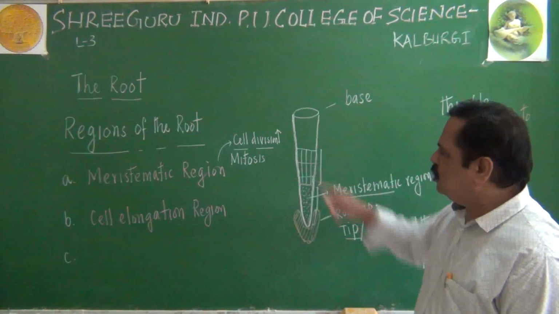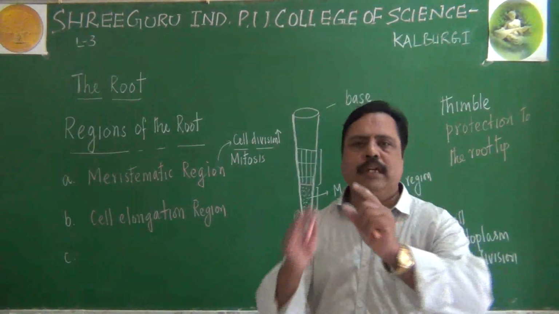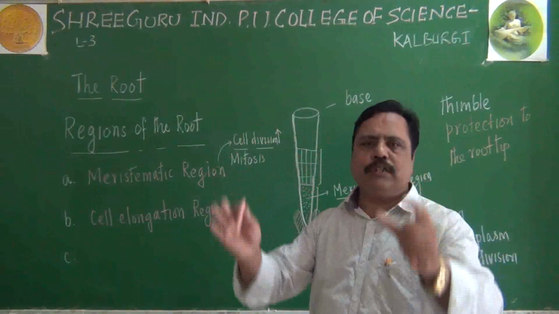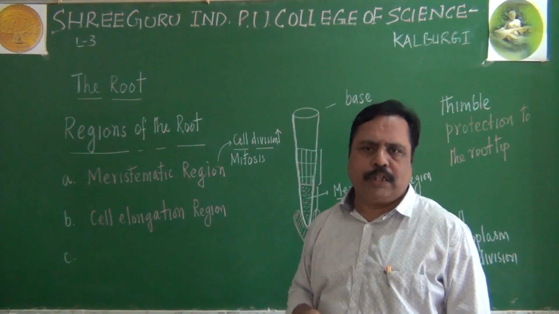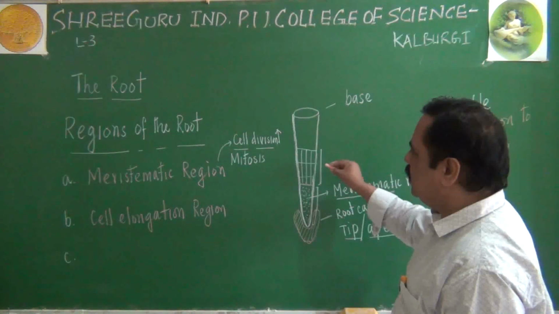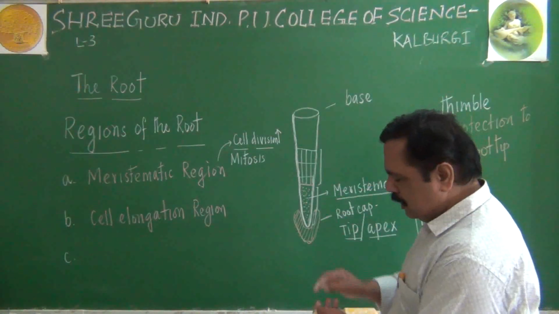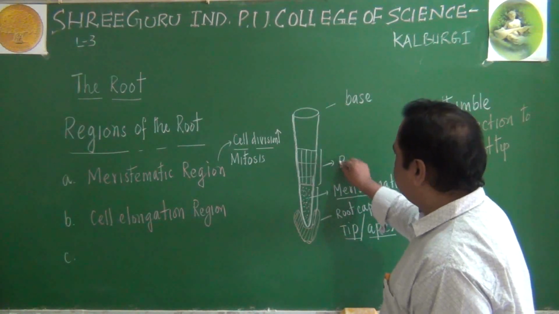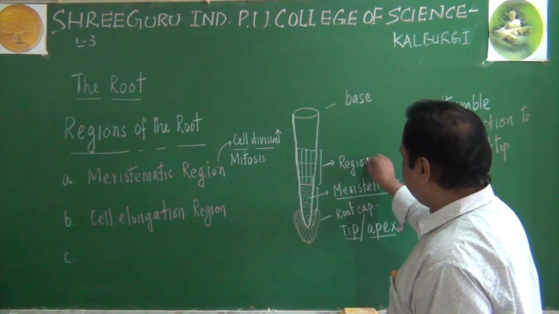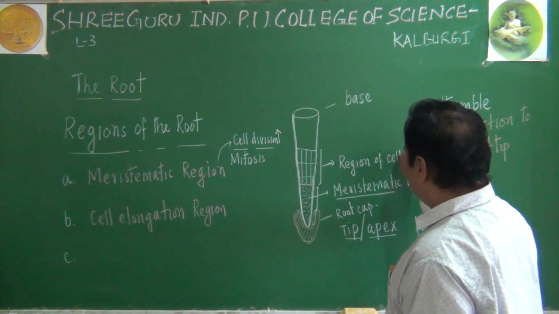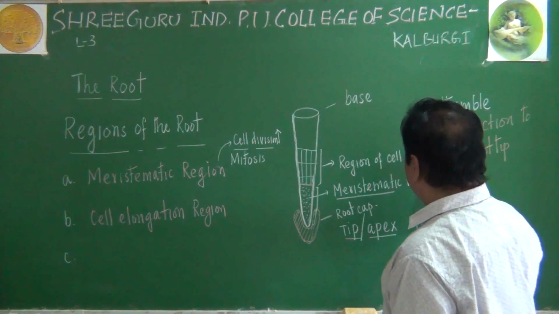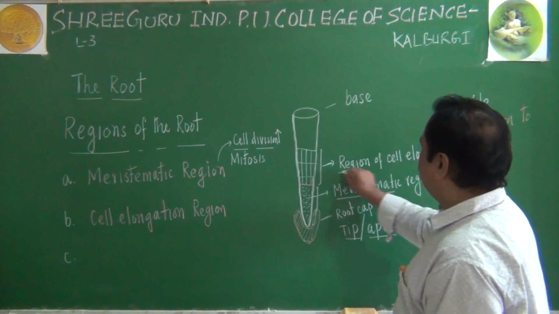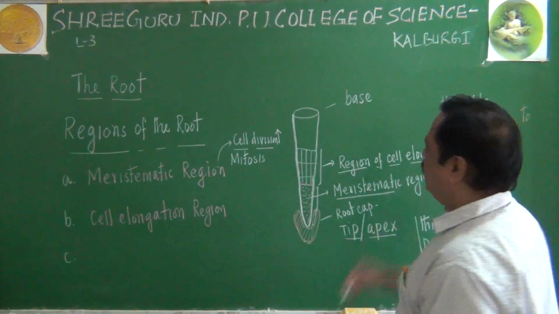Those newly produced cells undergo some enlargement. They become bigger and start producing more cytoplasm and other things. That region is called the cell elongation zone, or region of cell elongation. Remember, the first region is meristematic tissue, the second one is the region of cell elongation.